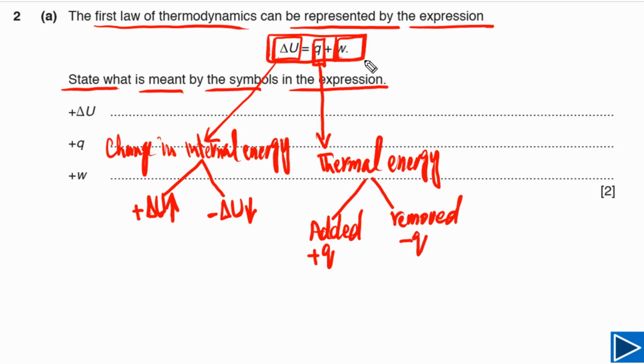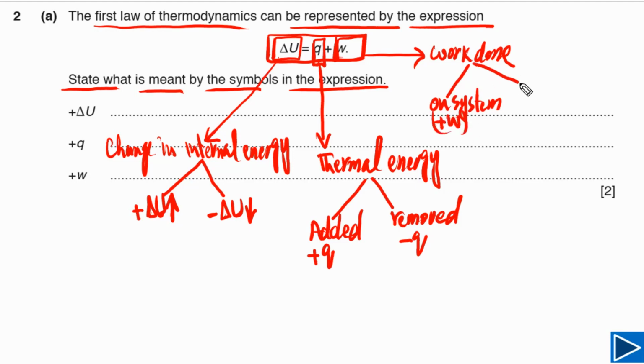Let's try to understand W now. W represents work done. Work done is positive if work is done on the system, so we use a plus sign in front of W, and if work is done by the system, we use a negative sign in front of W. Work done on the system, we can also understand: if a gas is compressed, then work done is positive.